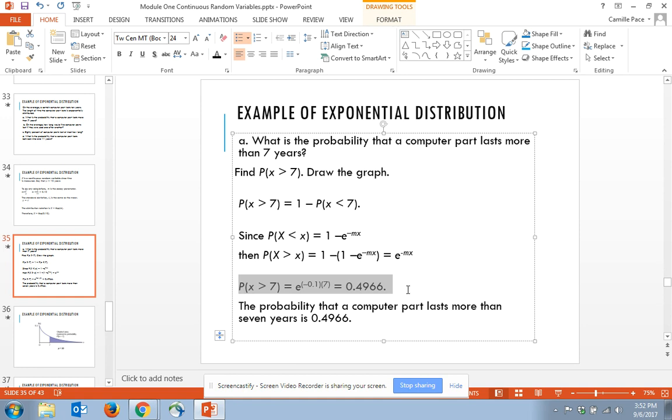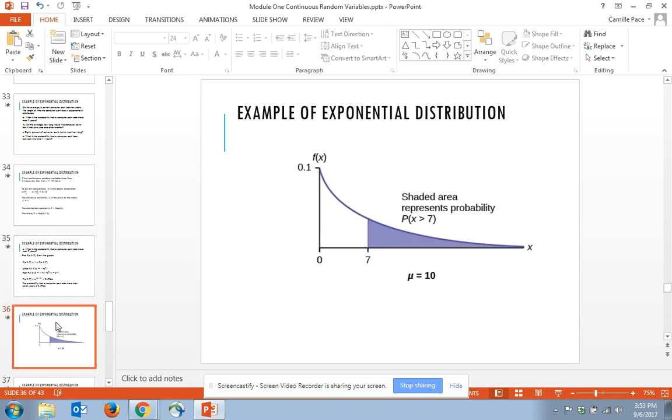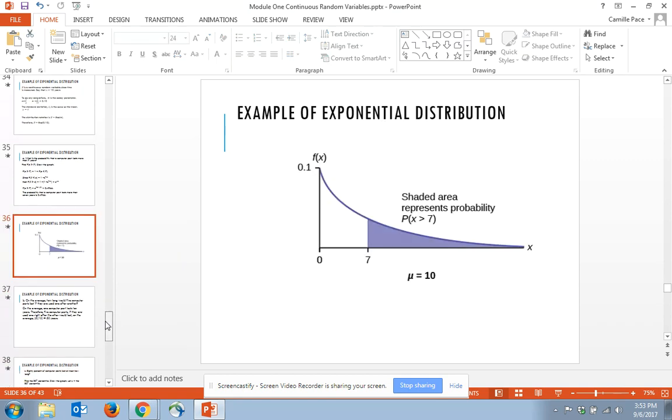So what I do is e raised to negative 0.1 times 7, where x is the 7 that I need. The probability that a computer part lasts more than 7 years is 0.4966. I know there's a lot going on here, so just take it as a grain of salt that I'm showing you the right way. So that was greater than 7, and here is a picture of it.